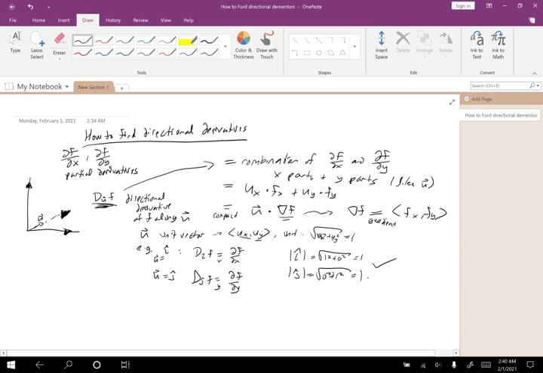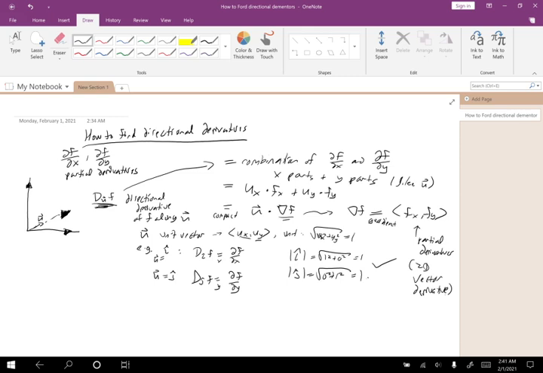There's an x component and a y component, and you just stick the partial derivatives in here. You can think of this as the 2D vector derivative. In 1D, we just have one component, so we use a scalar, and that's just df dx. But in 2D, we have two derivatives, so we need a vector.